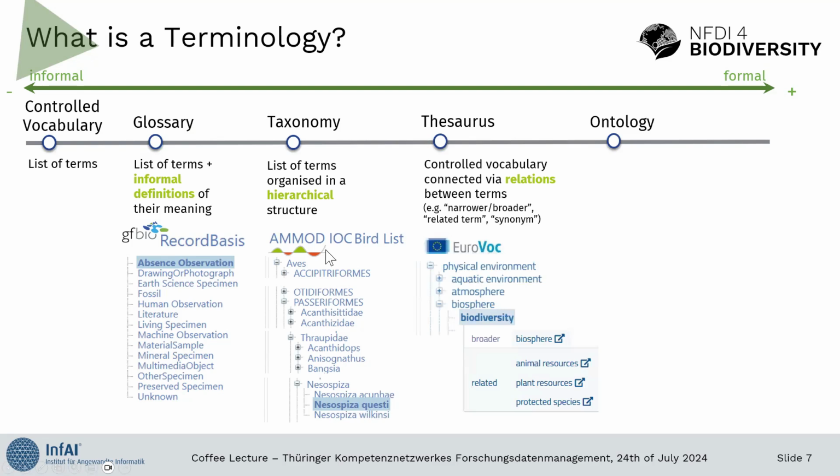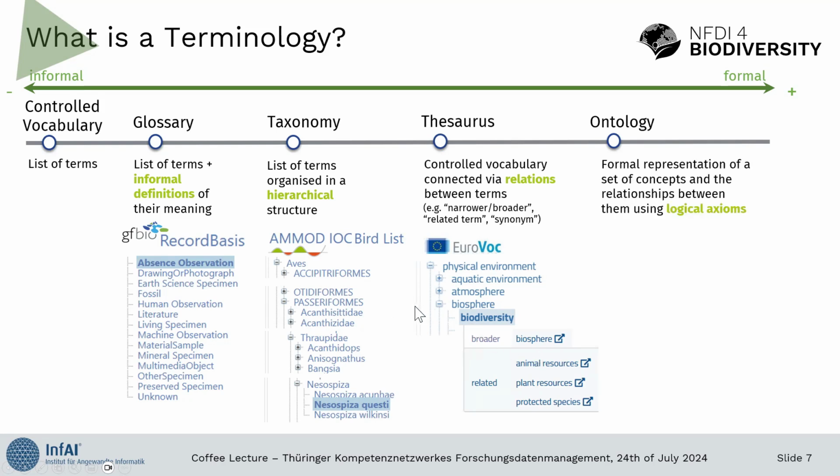An example of this would be EuroVoc, where you can see that biodiversity is a narrower term of biosphere, and it is related to animal resources, plant resources, protected species, and so on.